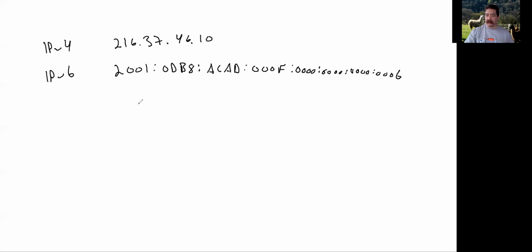Now, IPv6 has some other characteristics besides just the sheer size. It's easier to subnet. It's easier to break apart into different networks, which makes it much easier to manage for internet service providers and even for you in your home. So let's say that you get assigned to your router 2001 0DB8 ACAD 000F, the first half of that address. That's what gets assigned to your router. And you can then make up anything you want for your own personal scheme over here. That might be true in your home or in your business.